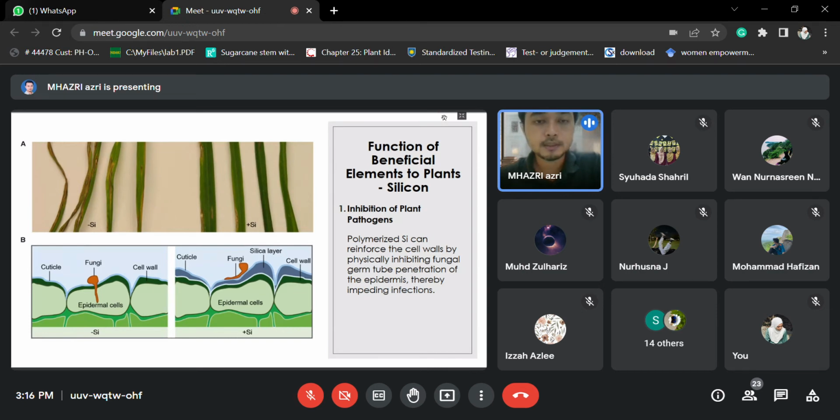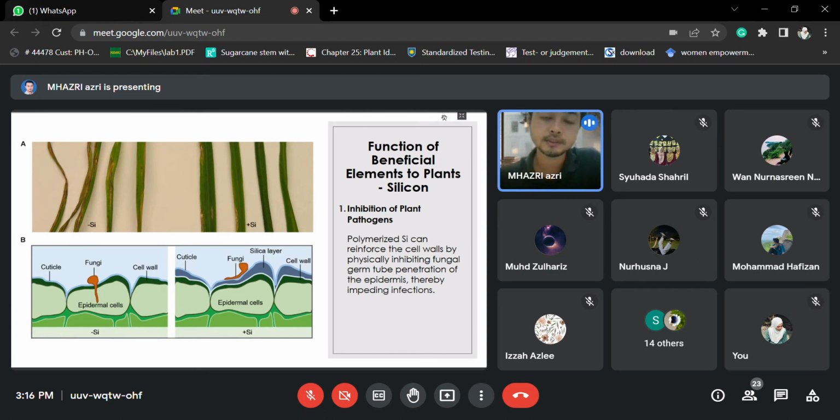This especially happens to Oryza sativa ataupun pokok padi. Okay, so if we apply silicon in the form of monosilicic acid to Oryza sativa, this Oryza sativa will reinforce this silicon monomer into its cell wall.